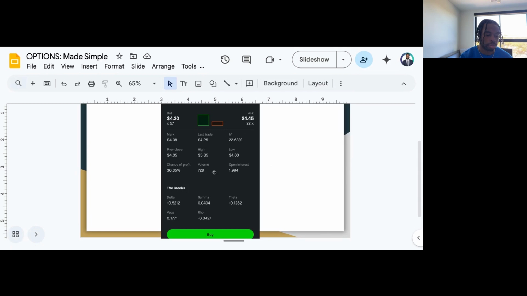Then you want to look at your volume and your open interest. Your open interest tells you how many people are holding on to those contracts from the previous day. Your volume tells you how many times that contract was traded on that particular day.